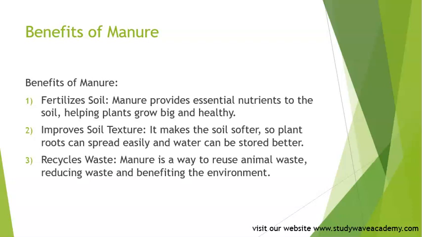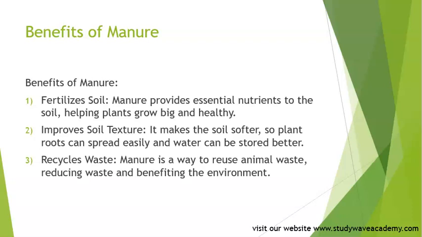Manure is a way to reuse animal waste, reducing waste and benefiting the environment. You are recycling it, and it's good that you are doing that because it will reduce waste and it will also benefit the environment. You won't be using regular chemicals. So manure is a natural fertilizer.